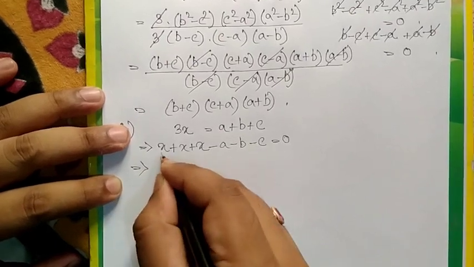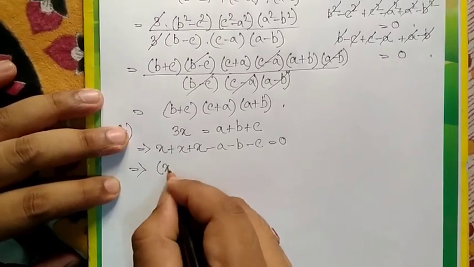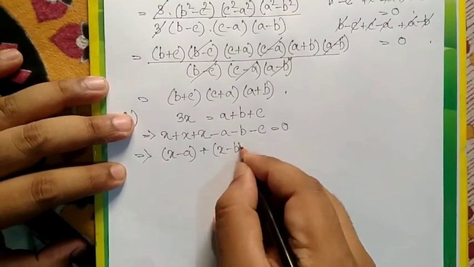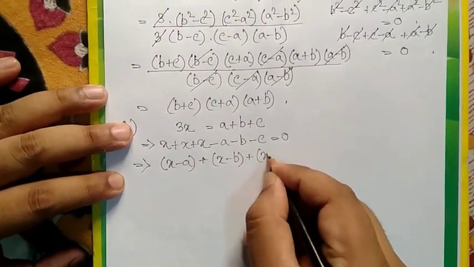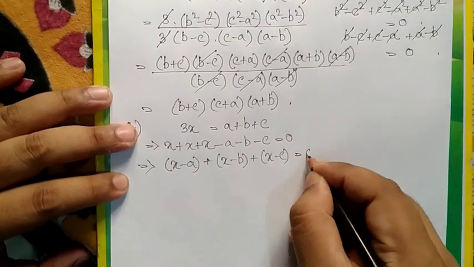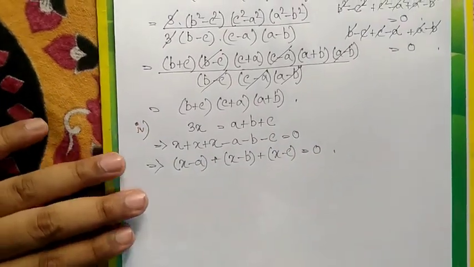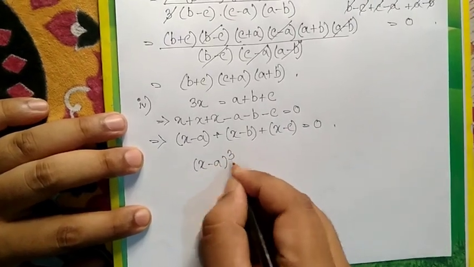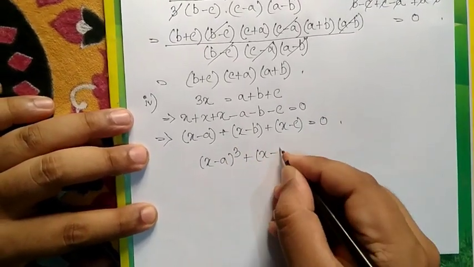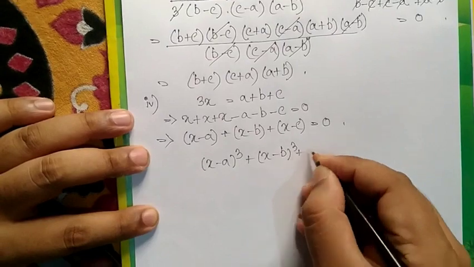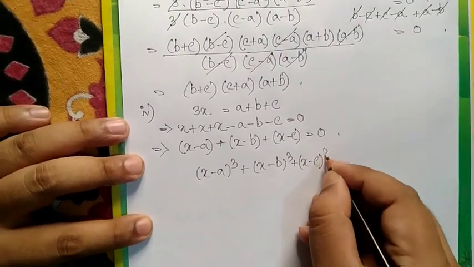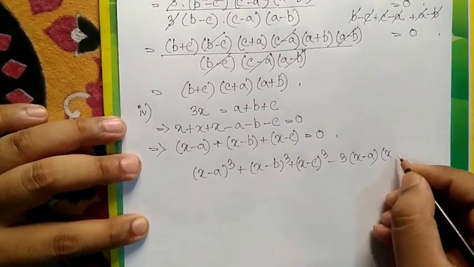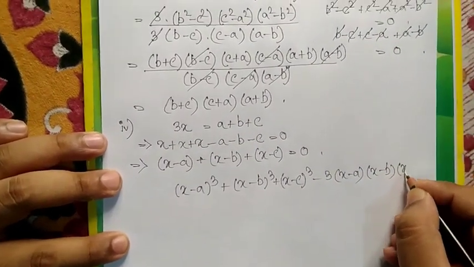After that, taking 1x and 1 minus a, x minus a plus x minus b plus x minus c equal to 0. Now we have to find the value x minus a whole cube plus x minus b whole cube plus x minus c whole cube minus 3 into x minus a into x minus b into x minus c.